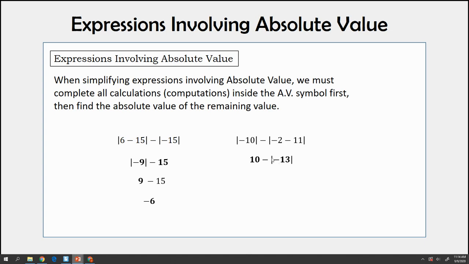That's -13. And I leave absolute value around it because I haven't done it yet. Now I'm going to answer this question. How far from 0 is -13? 13 units. So now I have 10 minus 13. 10 minus 13 is -3. So be sure that we do the work inside absolute value and then apply the absolute value concept to this number and then finish our problem.